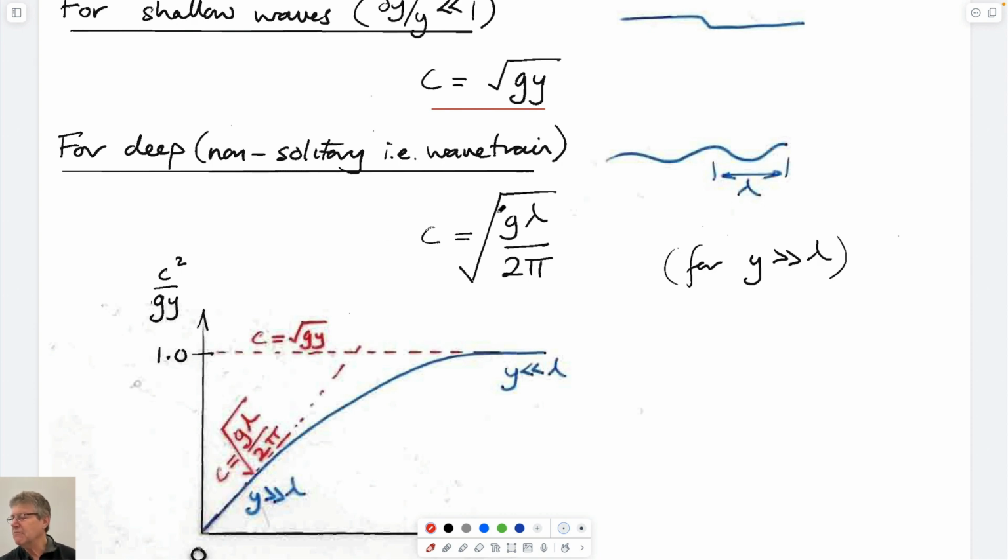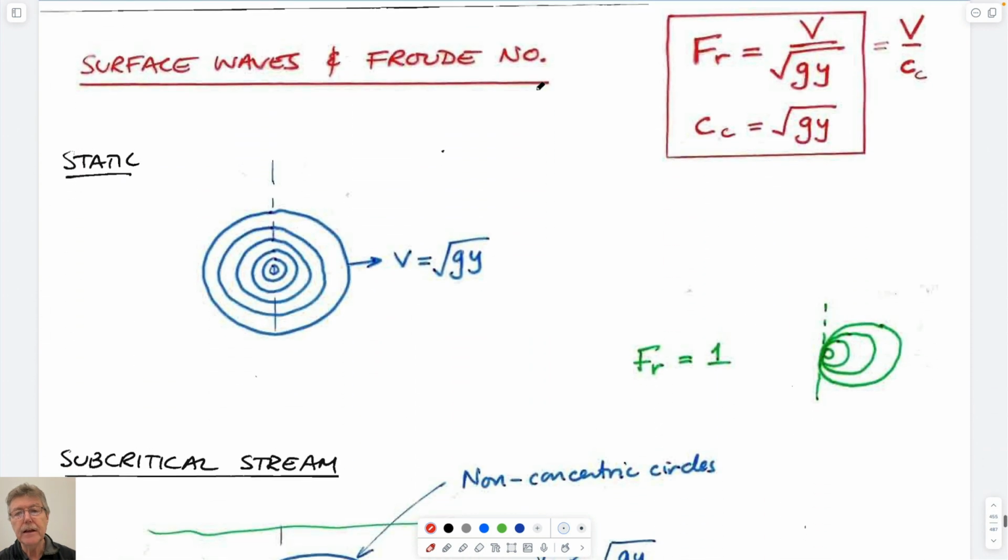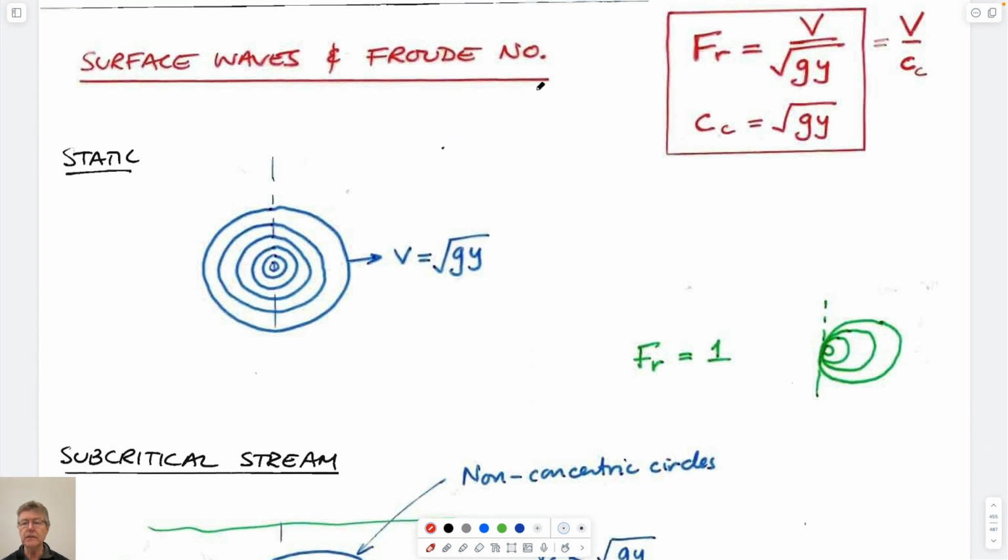Sometimes when you have a wave train, there's a slightly more complicated formula, but for us, we can get by using this. Wave speed is just the square root of gravity times the depth of flow. And so for us, the reason for looking at that is that if you drop a pebble into a static fluid, the rate at which this wave will travel is the celerity wave speed.